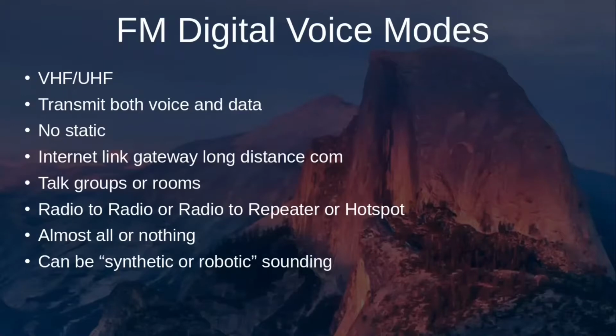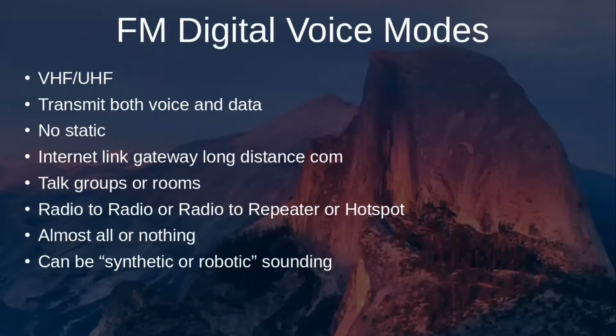You can also join things that are called talk groups or rooms, where you can talk to other hams of a common interest. You can communicate, again, radio to radio or radio to repeater. So you can communicate directly from your HT to a mobile station through digital modes, or you can communicate with your HT or mobile rig to a repeater, and the repeater will retransmit your digital signal to another station.